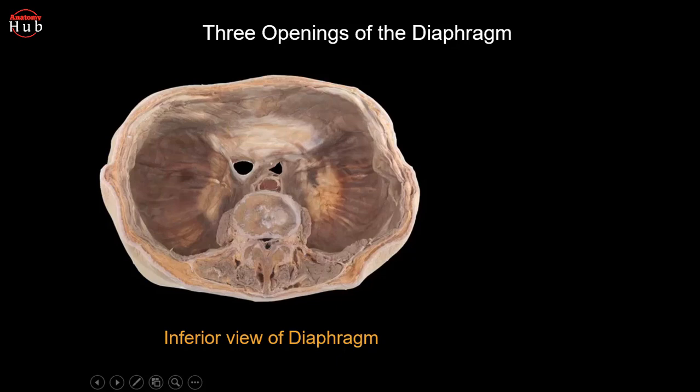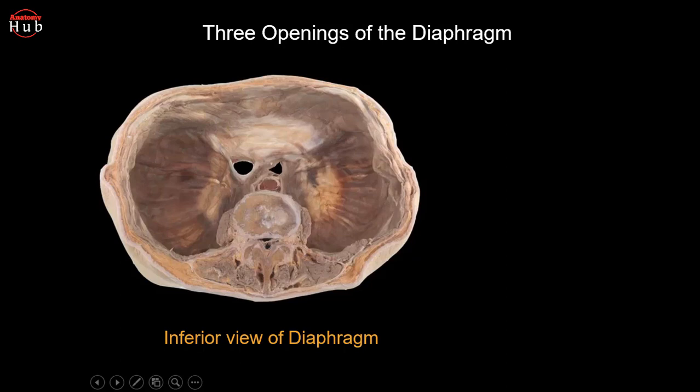This diaphragm divides the thoracic and abdominal cavities, so any structures that pass between the two cavities will pierce this diaphragm, and there are three openings that act as a conduit for these structures.